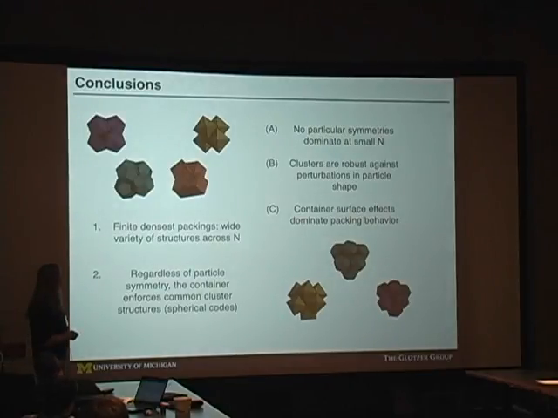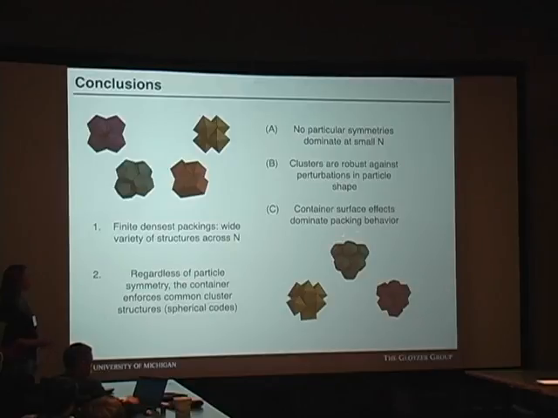I'll wrap up with where we are in the story right now. What we saw was that there's a wide variety of structures possible if you pack these faceted particles inside spherical confinement. Semi-regardless of particle symmetry, for the more spherical faceted particles, the container is enforcing common cluster structures.